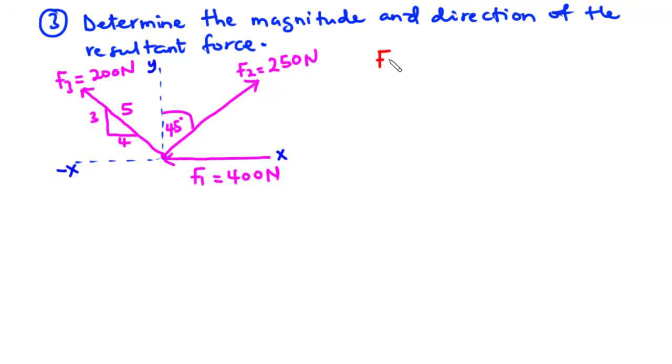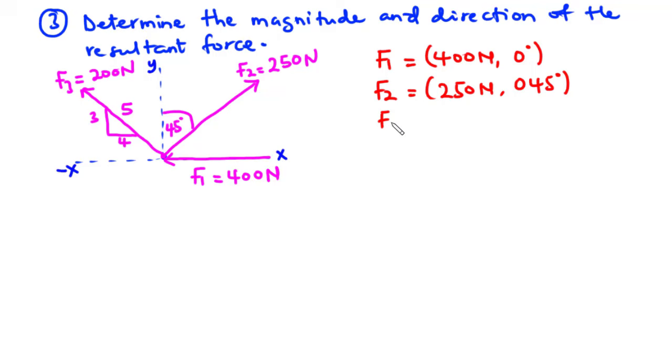So for F1, we have 400 newtons, and then it makes an angle of 0 degrees with the positive x-axis. Now for F2, we have 250 newtons, which makes an angle of 45 degrees with the positive x-axis, because 90 minus 45 is 45. So we have 0, 4, 5.